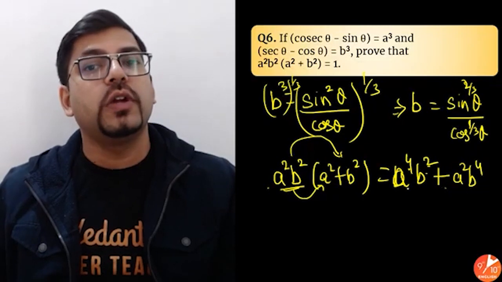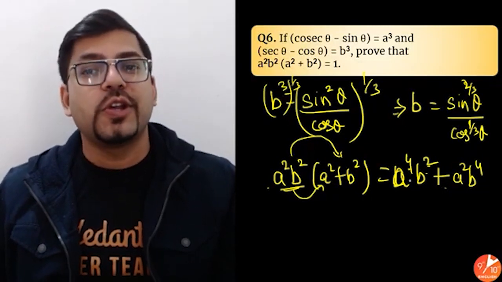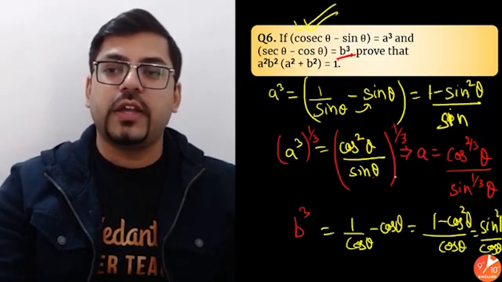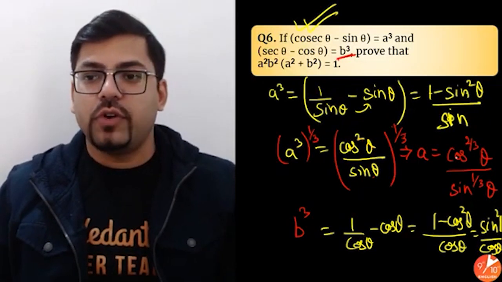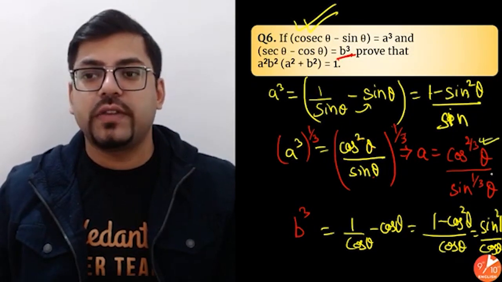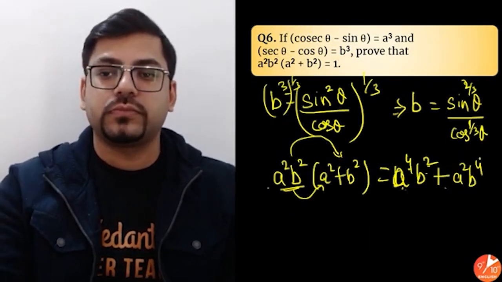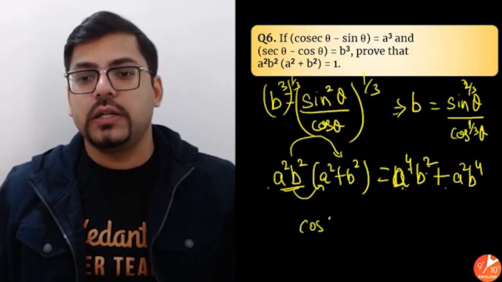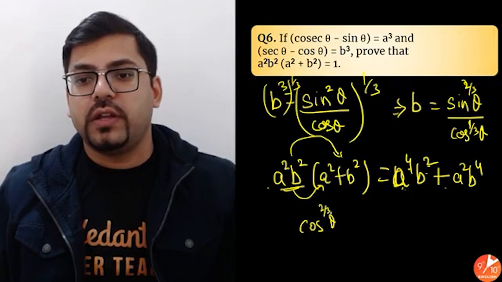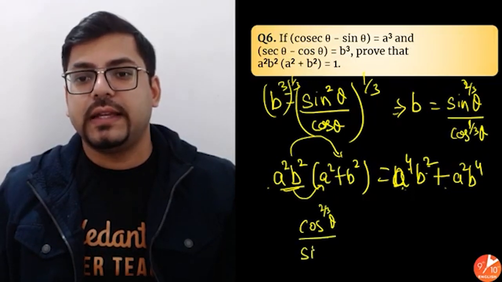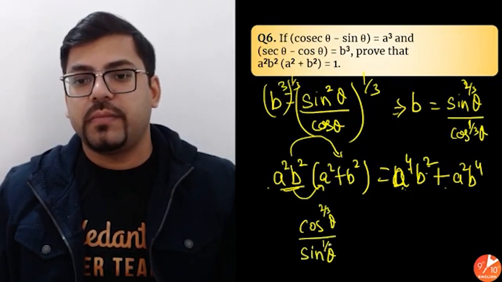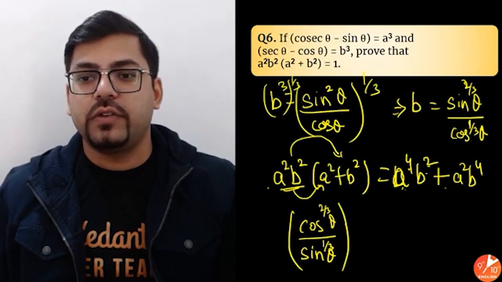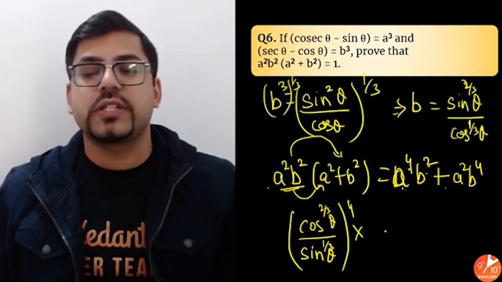Now what you have to do? You have to actually put the values. So a, do we know the value of a? Yes, a was cos theta power 2 by 3 divided by sin theta power 1 by 3, and whole power 4, into this b square.